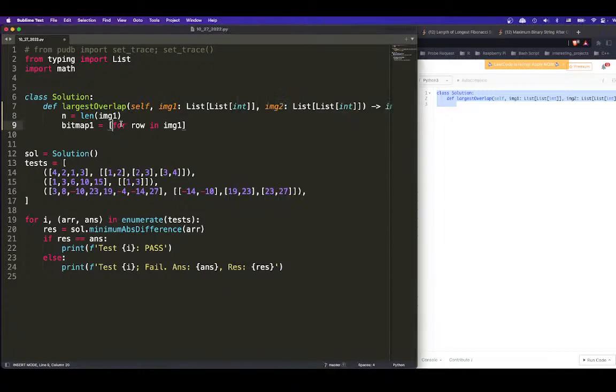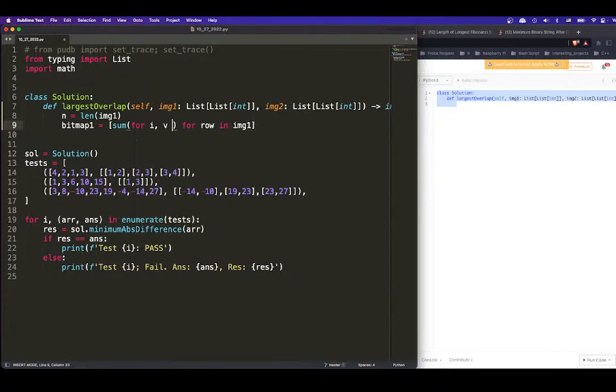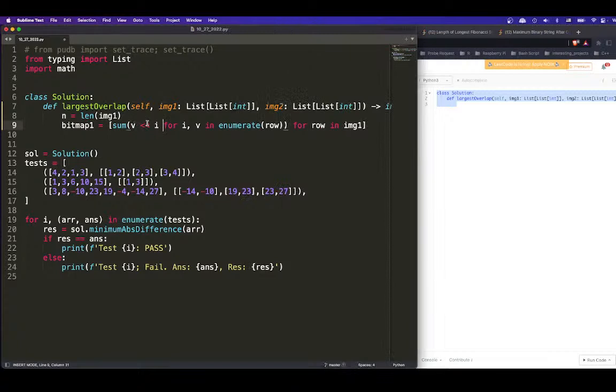So for each row, we just sum, for i, value in enumerate(row), value left shift i. And we sum this. So this is bitmap1.